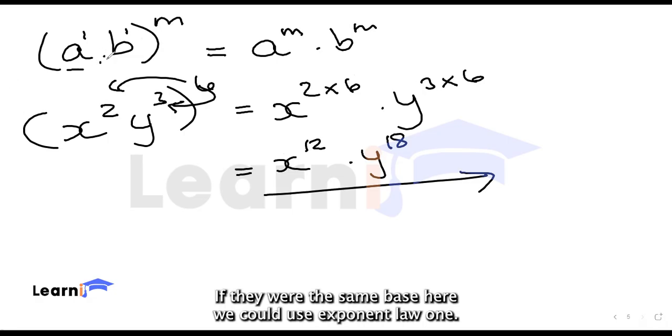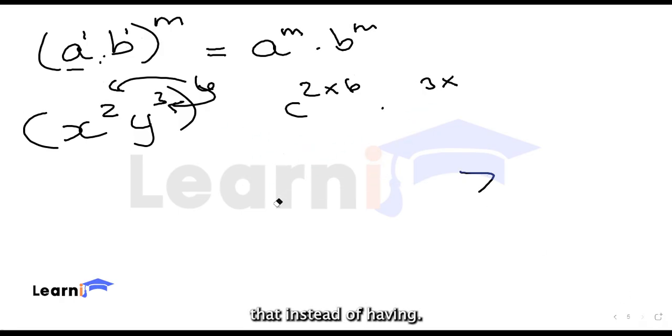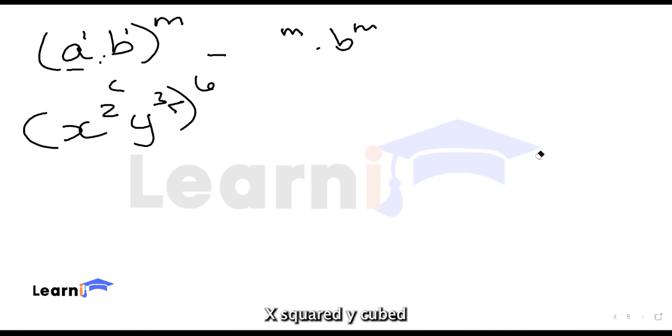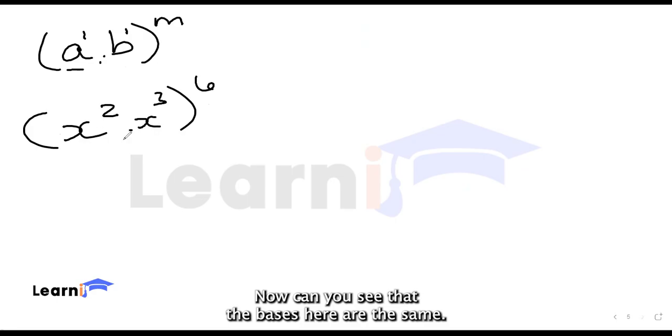Okay, if they were the same base here, we could use exponent law 1. Let's just say, for argument's sake, that instead of x squared y cubed, we had x squared times x cubed. Now, can you see that the bases here are the same?